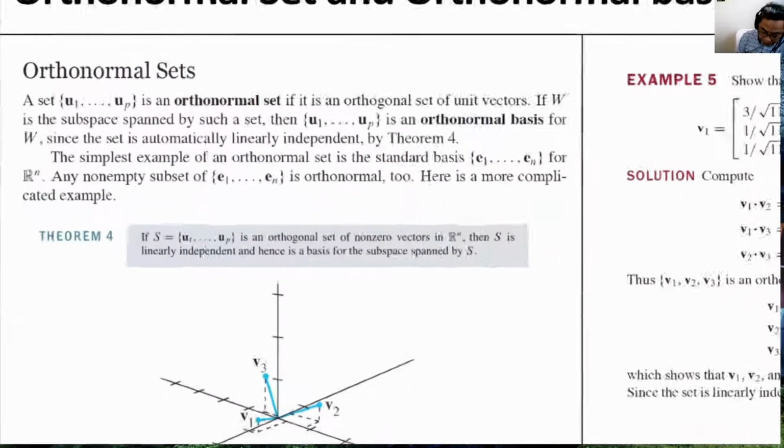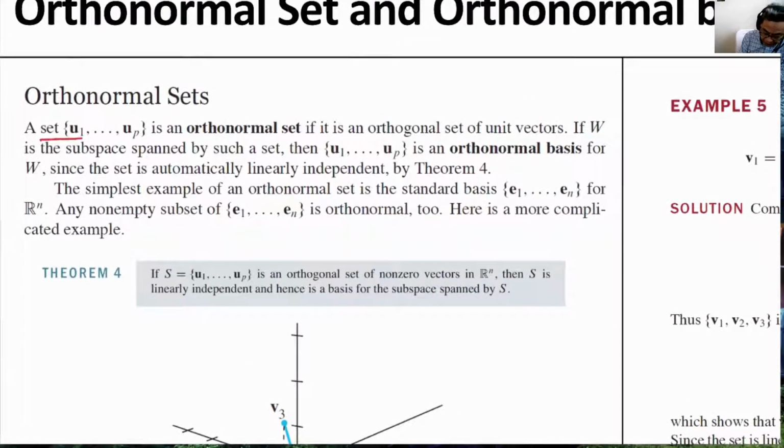An orthonormal set is a set of vectors that are not only orthogonal, they also have unit length, 1. So they are described by two terms: ortho, as in part of orthogonal, and normal, as in a normalized vector with unit length 1.